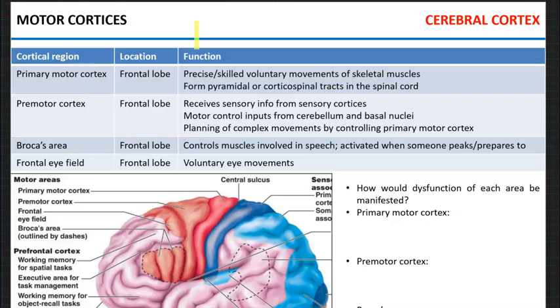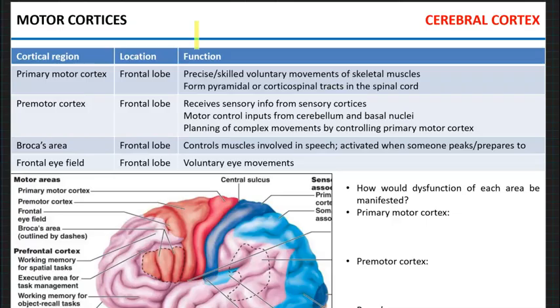Okay? Then we have sensory cortices. They are responsible for conscious appreciation of sensations. And then we have association cortices. They're responsible for higher cognitive abilities.